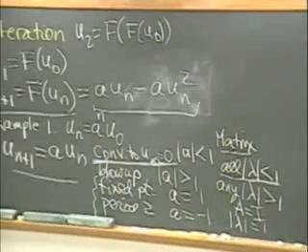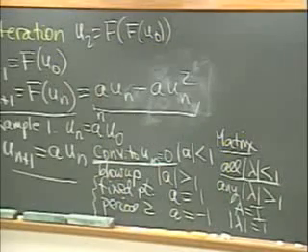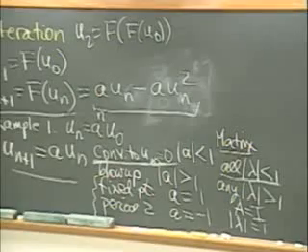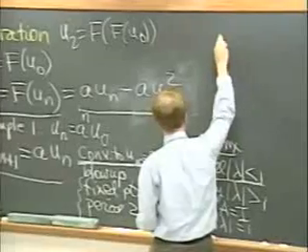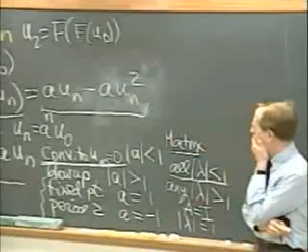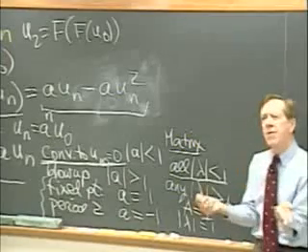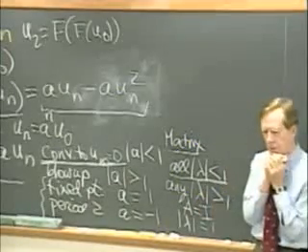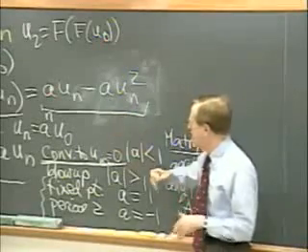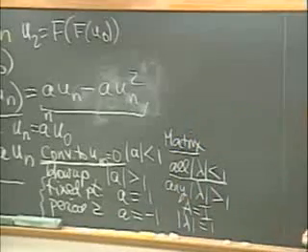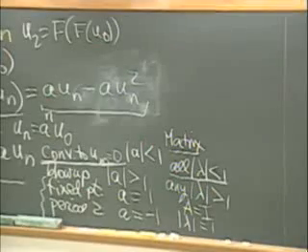Again, if A, so let me take a typical A, somewhere between 1 and 3 is a typical A. What will happen to this iteration? Can I try to draw it? I guess if it converged, what would it converge to? If it converges, if the UNs approach something, what equation has to be solved by that limiting point?